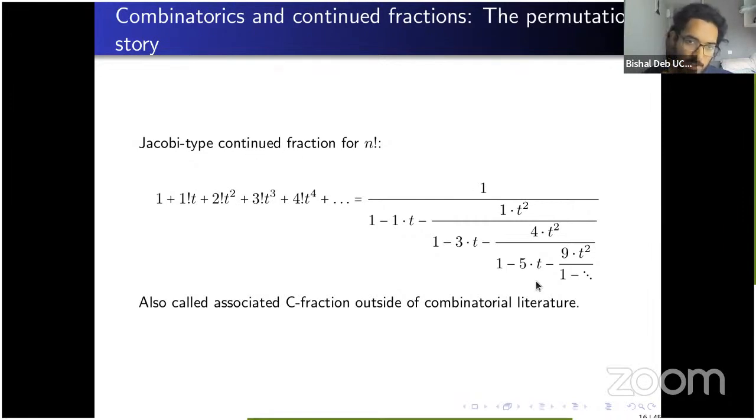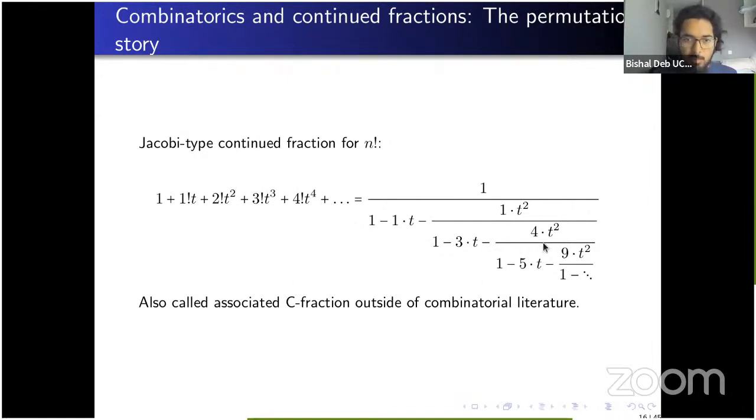Now you can obtain this continued fraction just by using formal power series. And the Stieltjes type continued fraction, oh, I forgot to mention, was first discovered by Euler in 1746 and published in 1760. There is a contraction formula which converts a Stieltjes type continued fraction to a Jacobi type continued fraction.